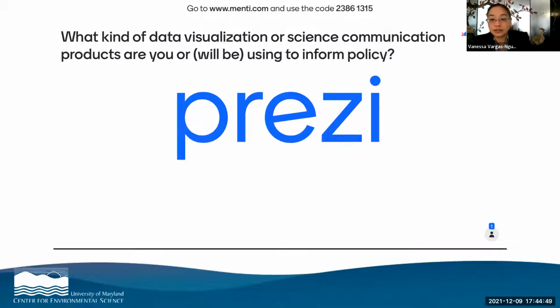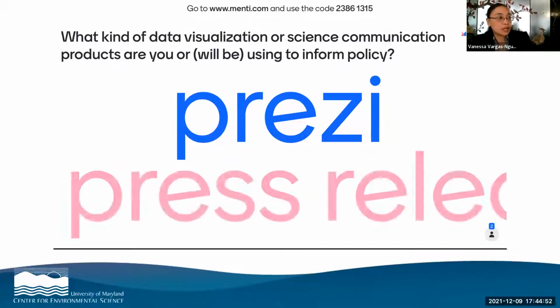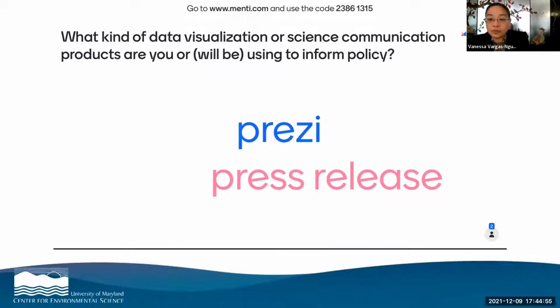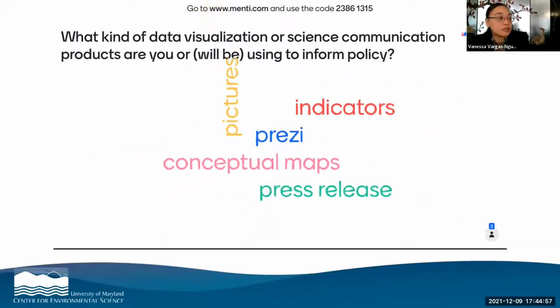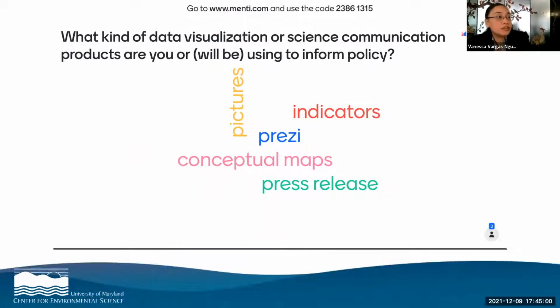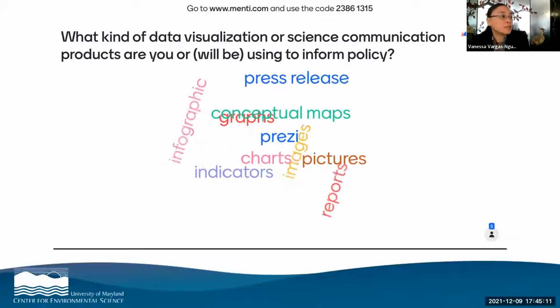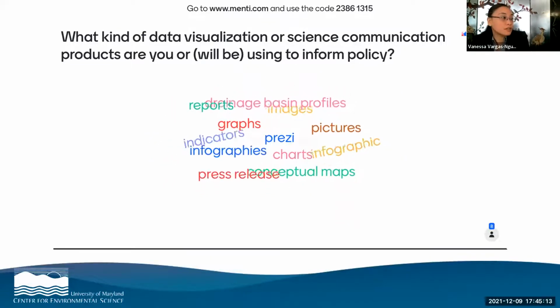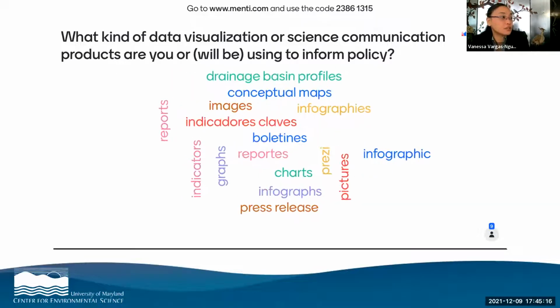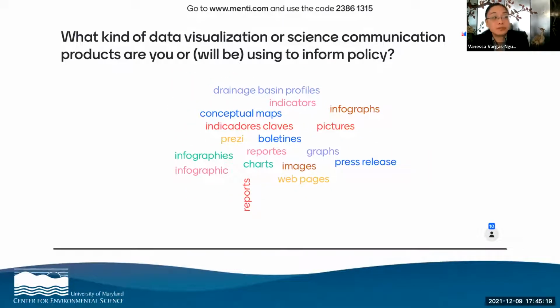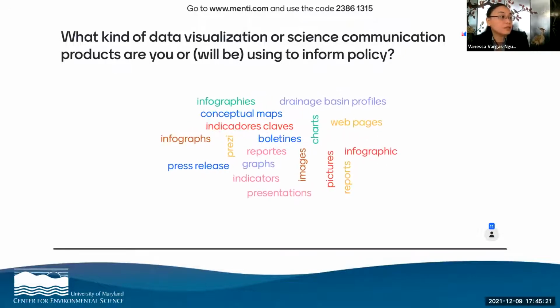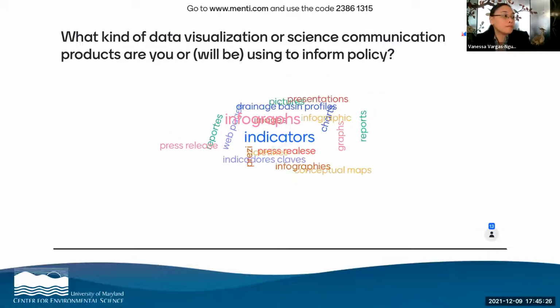Oh yeah, Prezi is a good way to make presentations. Conceptual maps, yeah, indicators. So how do we visualize your indicators? Important. Pictures, press release. That's also very common, especially by universities. Infographics, charts, basin profiles or maps, reports, presentations, web pages.